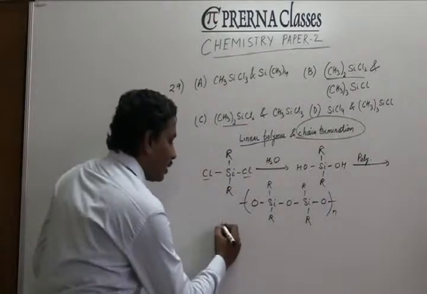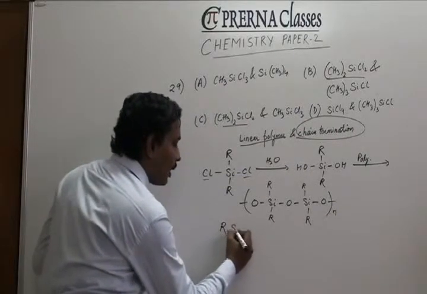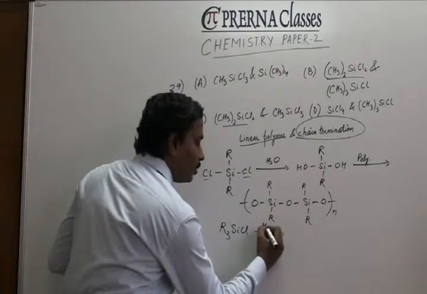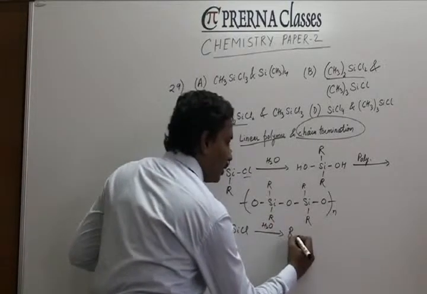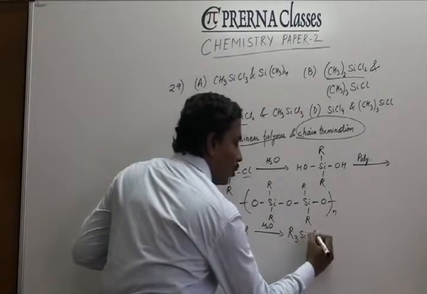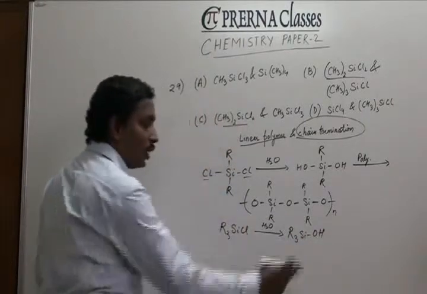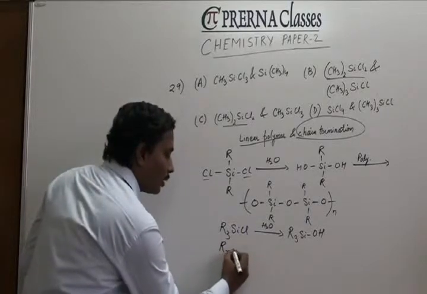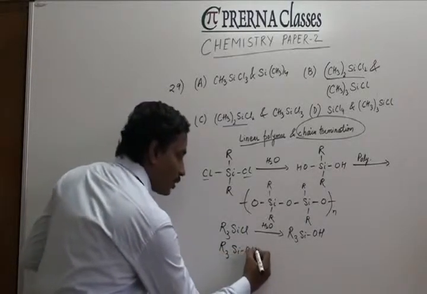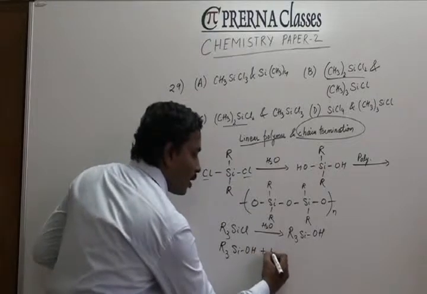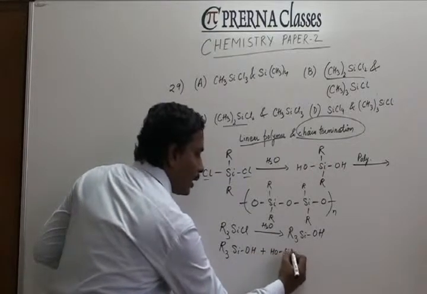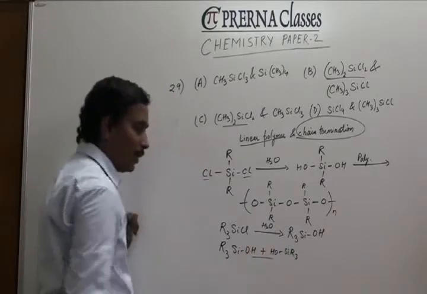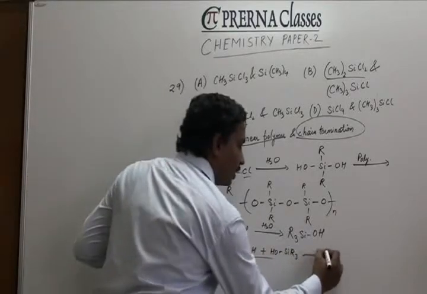For termination, it should have R3SiCl, so that when it reacts with water, it is converted into R3SiOH. Now if two molecules of such react, R3SiOH plus R3SiOH, elimination of a water molecule takes place and the chain is terminated.